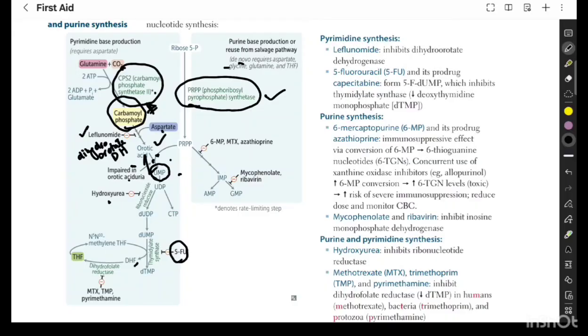This means there is no reductase reaction, and UDP is not converted into dUDP, and this is due to inhibition of ribonucleotide reductase, and this is due to hydroxyurea.